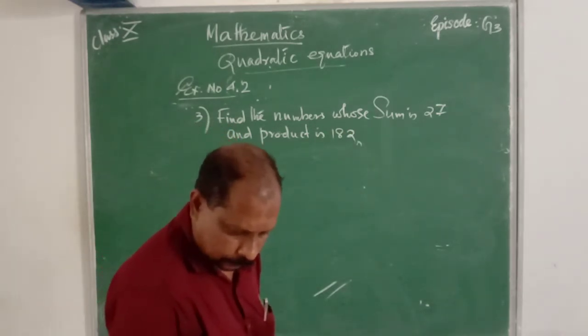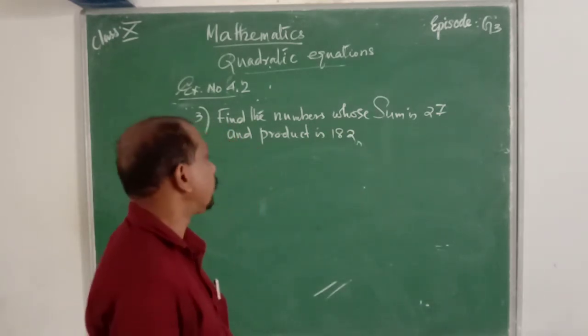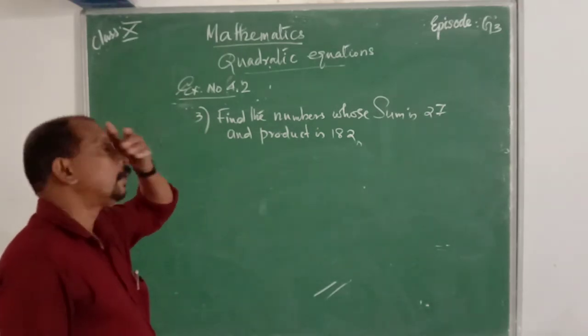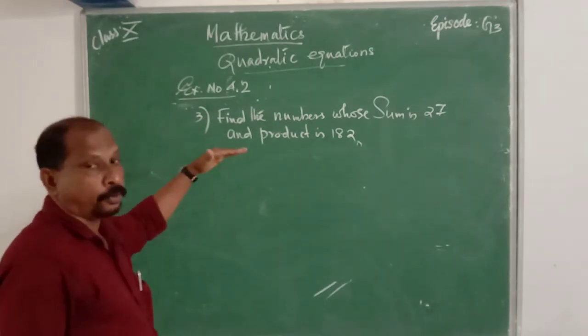Sum is 27 and the product is 182. This is the question. This is a word question.